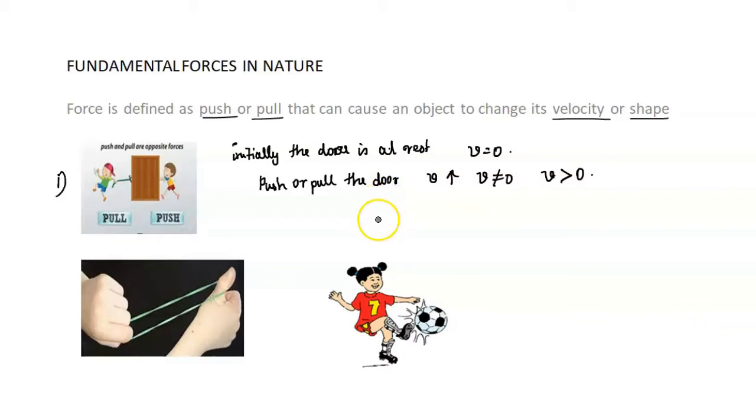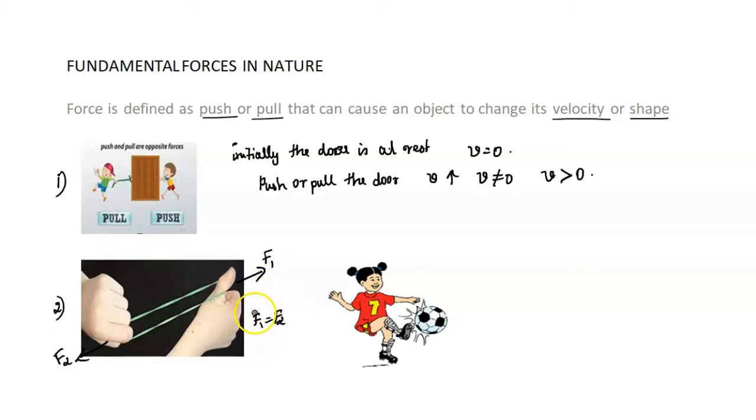Similarly, if we consider the example of the rubber band and apply force on either side of the rubber band in opposite directions, suppose this is F1 and this is F2, equal and opposite forces, that is F1 must be equal to F2. Then what will be the result?